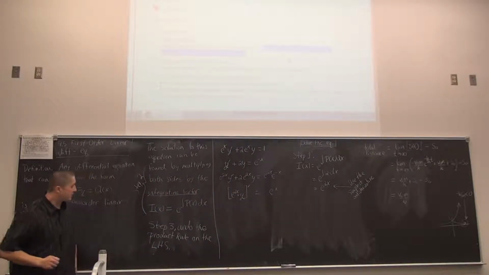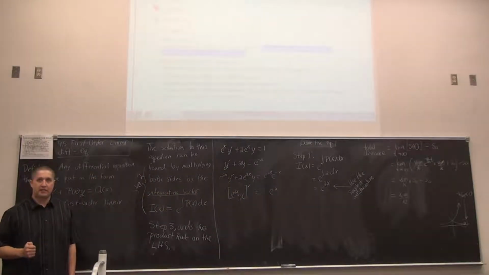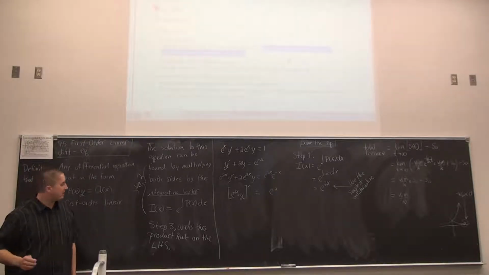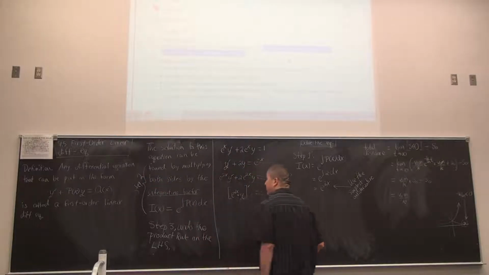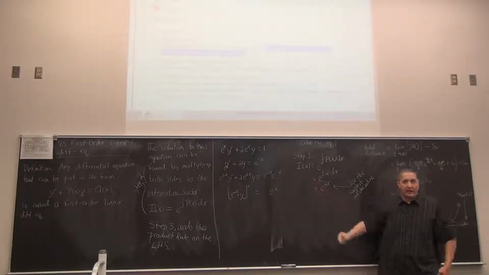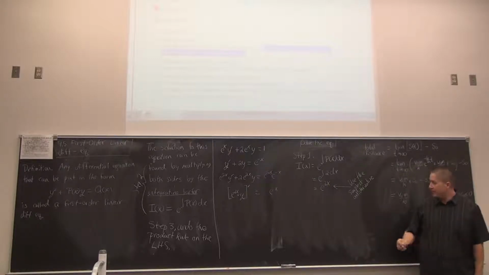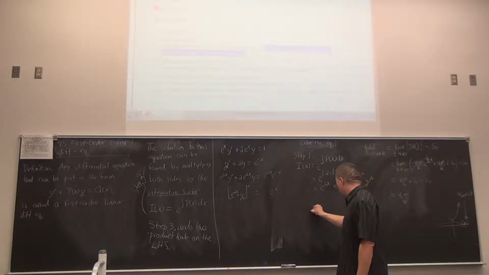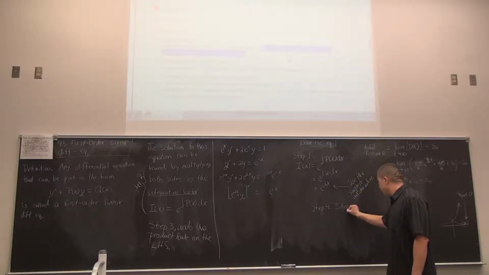If we want to solve this equation, step 4 is just integrate both sides. And that's going to be the process on essentially every single one of these linear differential equations, where in some of them you can entirely skip the integrating factor step if we look really carefully. So for step 4, integrate both sides.